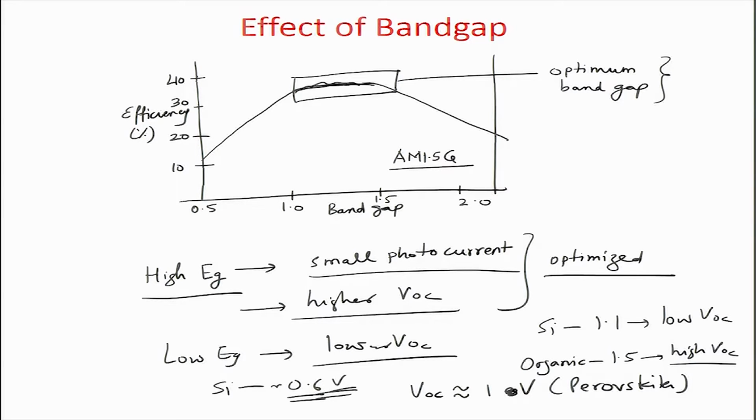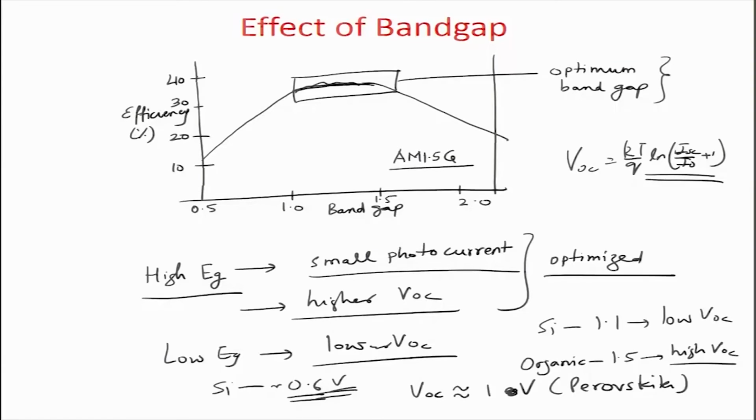So, there is a huge difference between the open circuit voltages. Of course, open circuit voltage is also a function of JSC. You can see that this is ISC divided by I naught plus 1. However, since the relationship is logarithmic, the increase in VOC as a function of ISC is not that rapid.